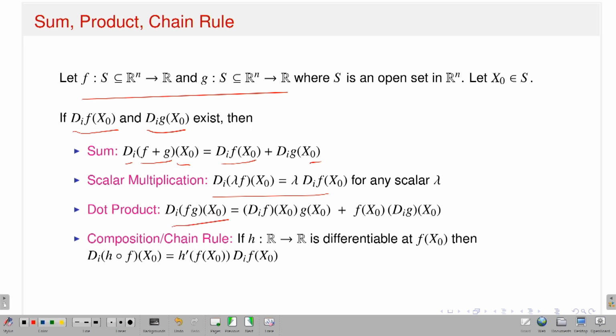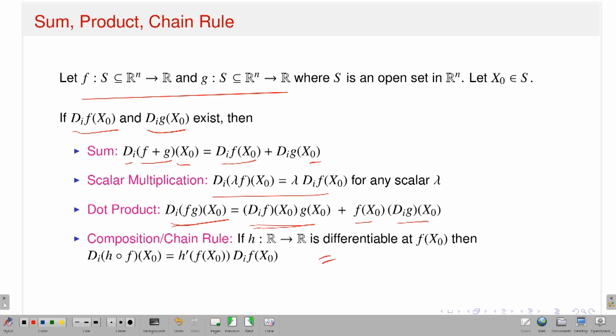Product: since the partial derivatives of f and g with respect to xi at x naught exist, what can I say about the product function fg? The partial derivative of the product fg with respect to xi at x naught exists, and you can write it in terms of the partial derivatives of f and g with respect to xi. So, this is the formula: partial derivative of f with respect to xi at x naught times g of x naught, plus f of x naught times partial derivative of g with respect to xi at x naught.